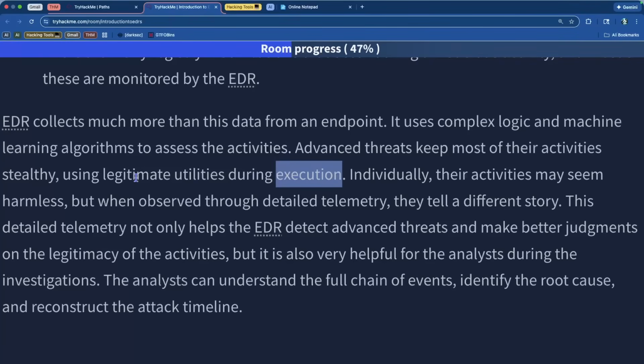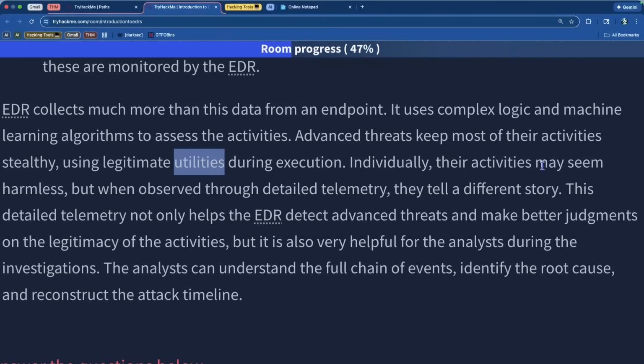These are legitimate binaries that exist inside of a given computer that the computer uses for legitimate activities, but those binaries can be used for malicious activity. So the utility itself is legit, but it can be used for malicious activities.